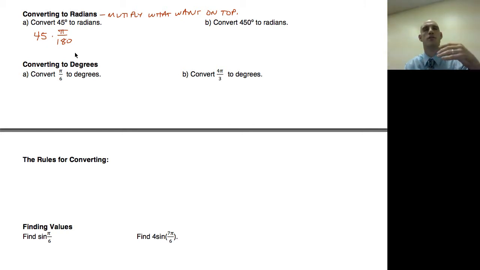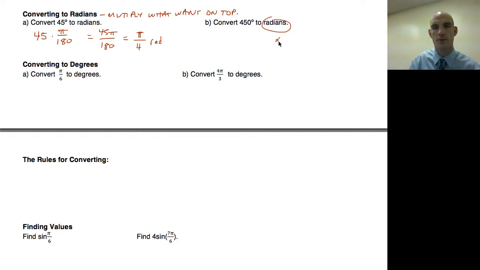We could do it 2 pi over 360, but the fraction reduces to that. So this is really going to be 45 pi over 180. And then I reduce the number part, and I end up with pi over 4 radians. I want you to do the same thing for 450. Remember, we're going to radians, so we multiply by pi over 180. Try that one on your own.